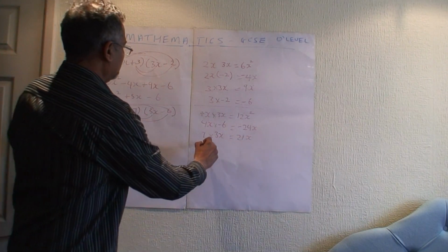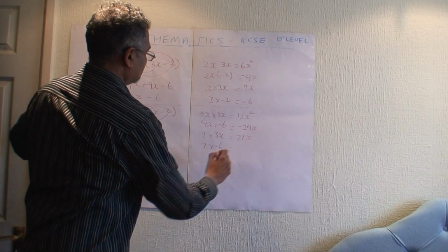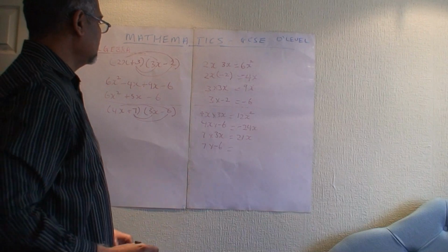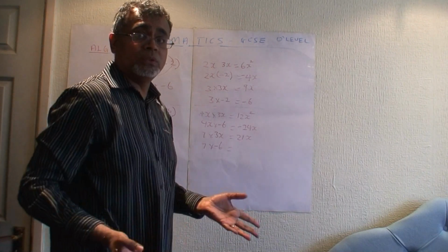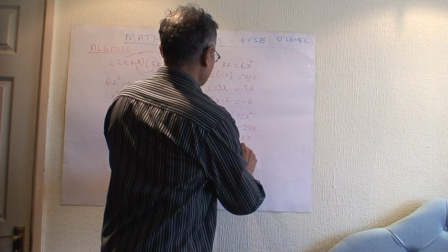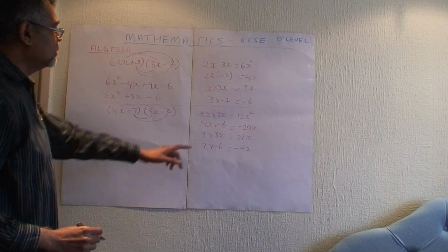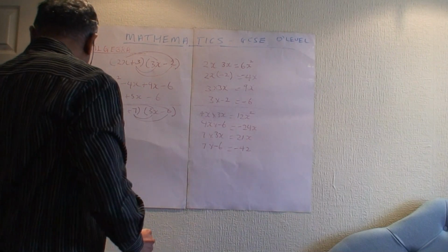And this 7 multiplied by minus 6: 7 sixes are 42, but it's minus 42.